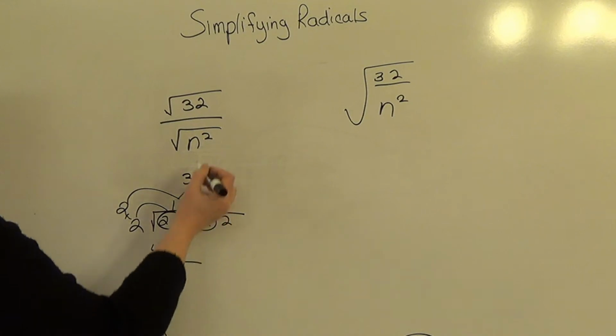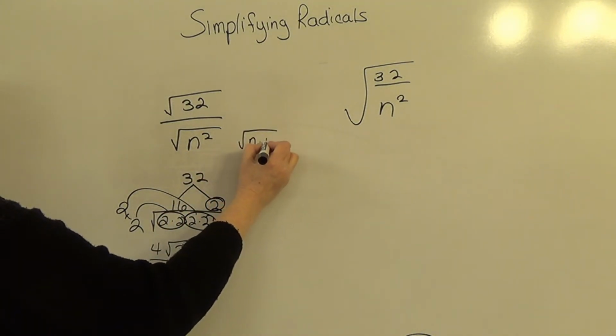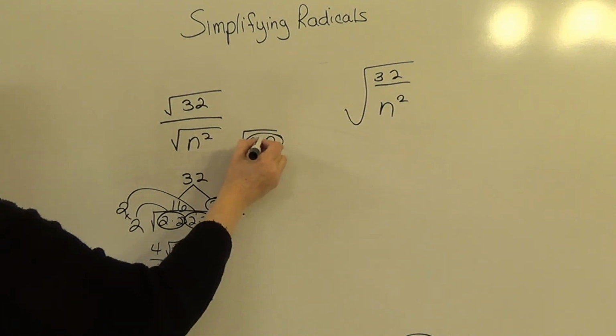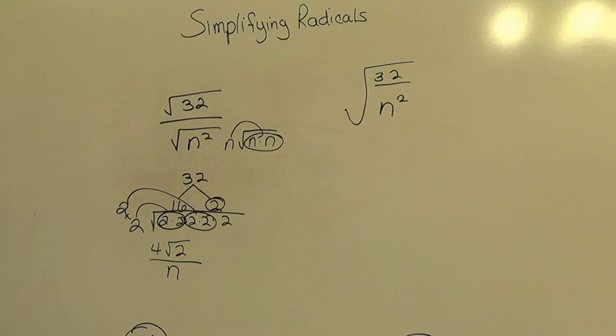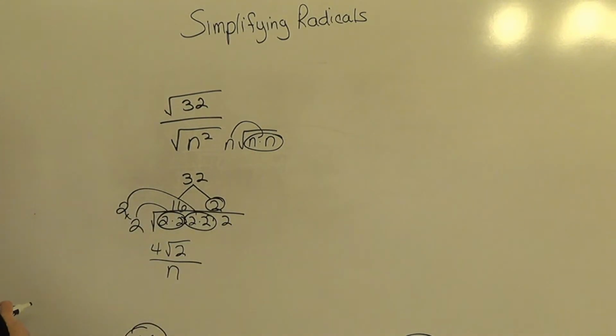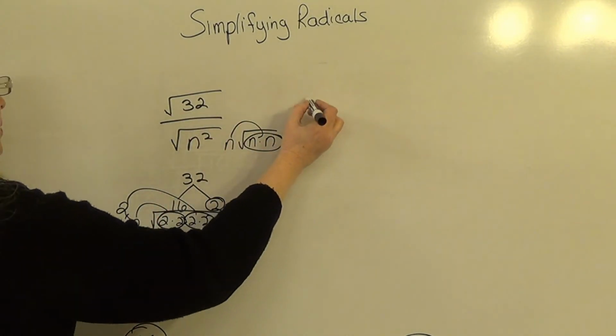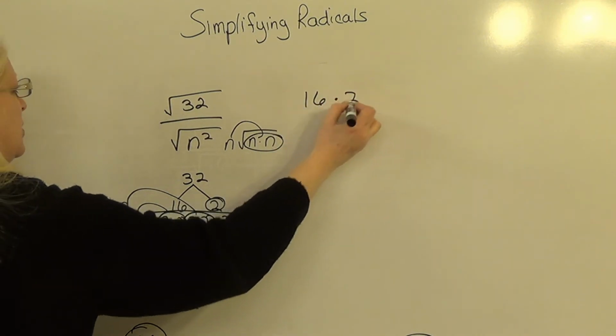And then on the bottom, you have 2 n, so this equals n times n. Well, there's a pair, so an n comes out. So that's actually your answer. Let's look at this one other way. All right, we said that 32 had a perfect square in it, and that was 16 times 2.